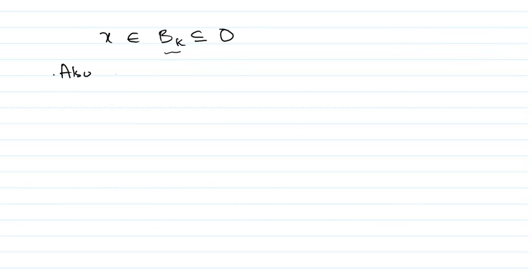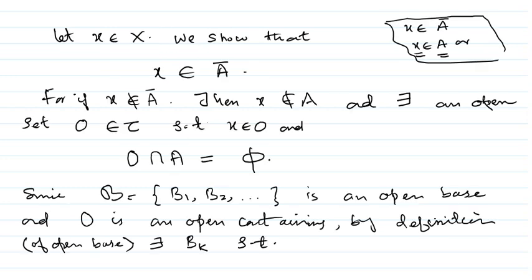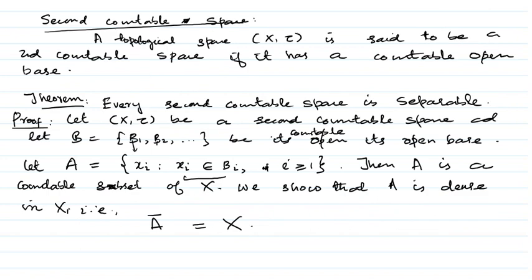What's this A? What's this A is x1, x2, where these are in the bi's. So we can say this xk will be in bk, so xk is in A and also in bk, right.